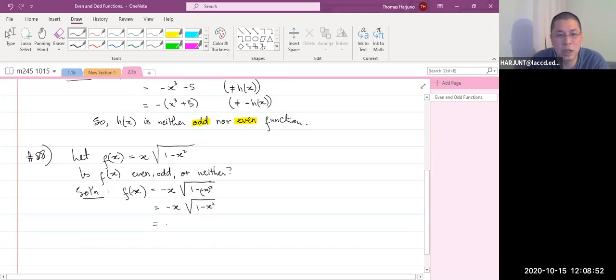This is negative x times the square root of 1 minus x squared. Oh, this equals negative f of x, right? F of negative x equals negative f of x. So f of x is an odd function.